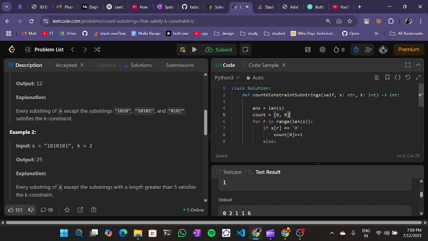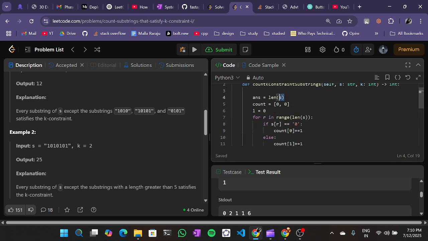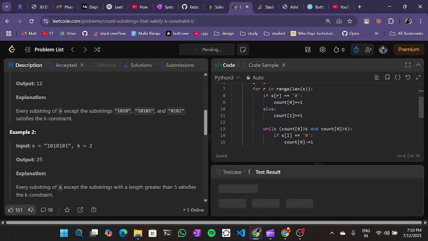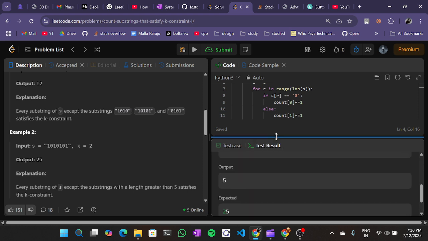It didn't define L anywhere. We can make it even more optimal. Something wrong, no execution.